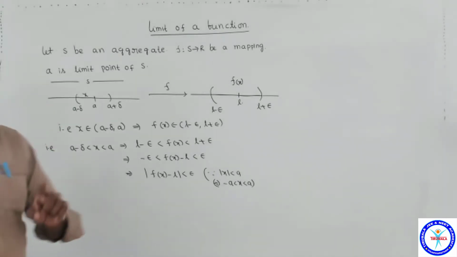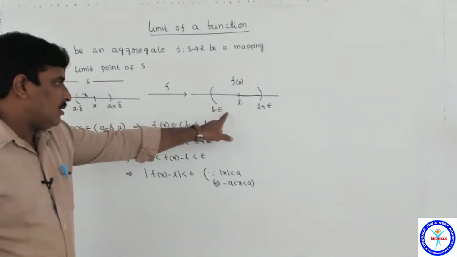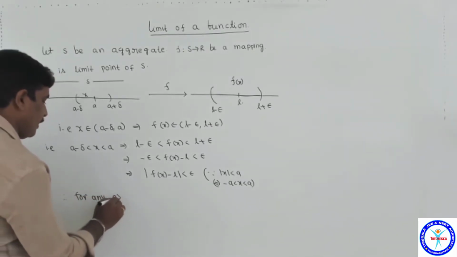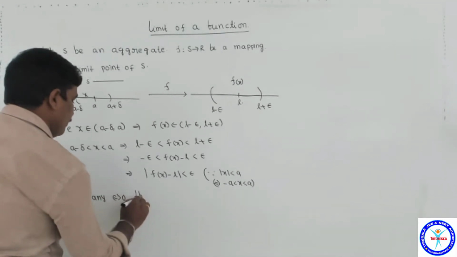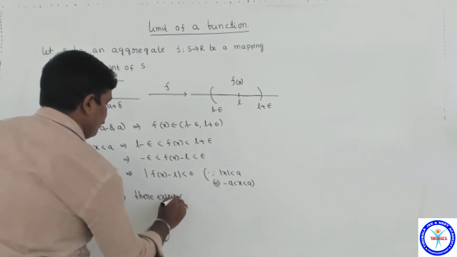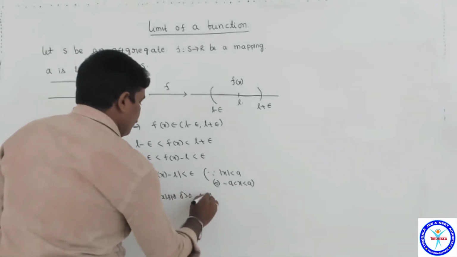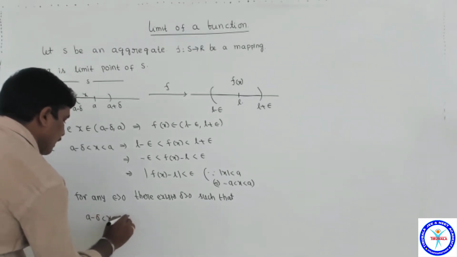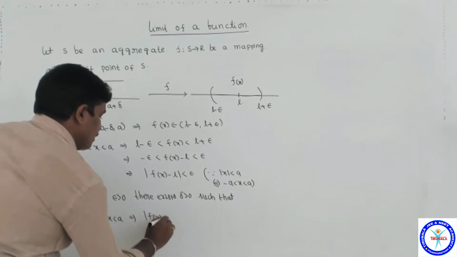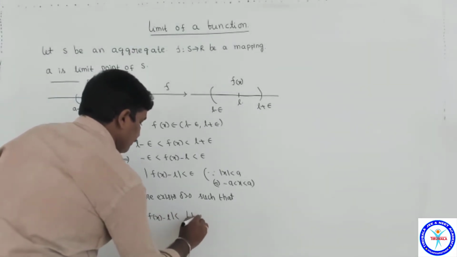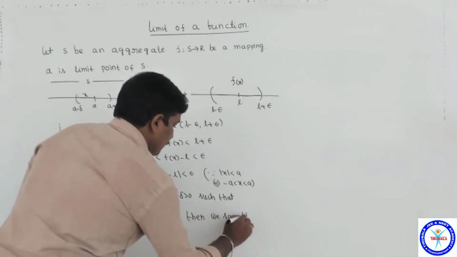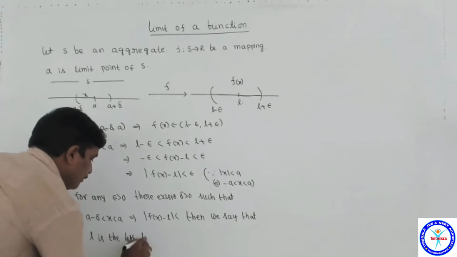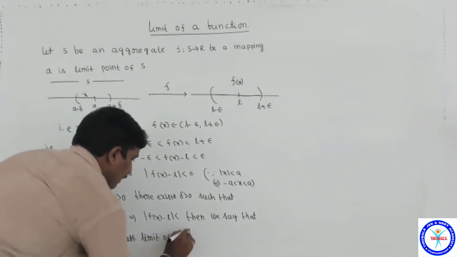So here we define the left limit of f at A. For any epsilon greater than 0, where epsilon is a positive real number, there exists delta greater than 0 such that A minus delta less than x less than A implies modulus of f of x minus L is less than epsilon.